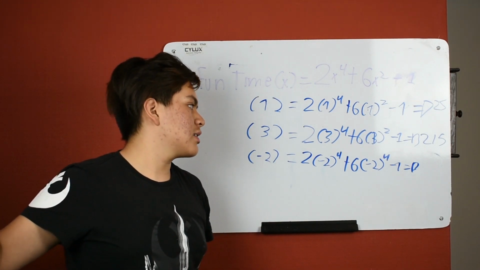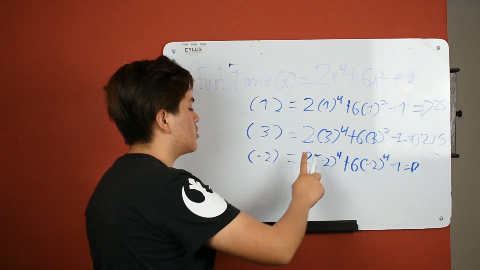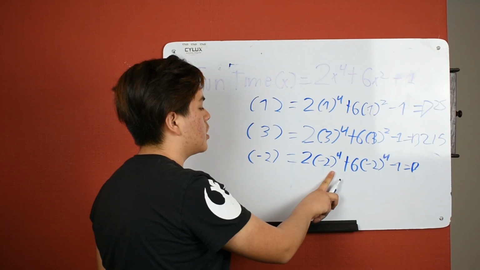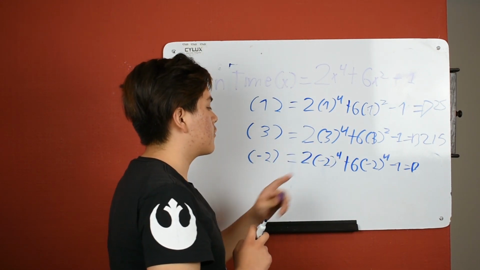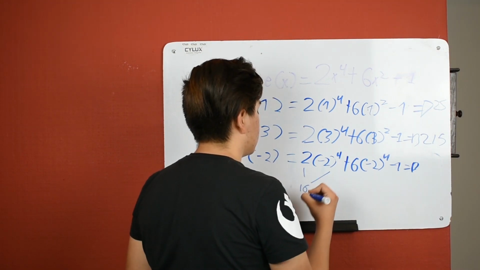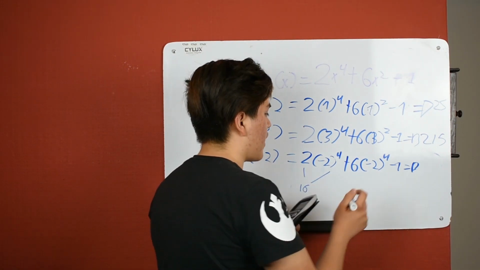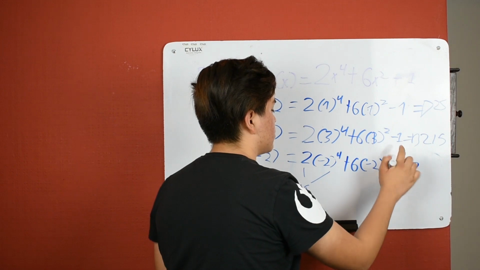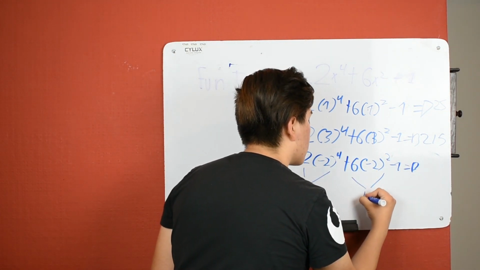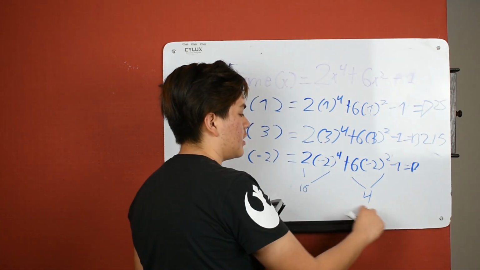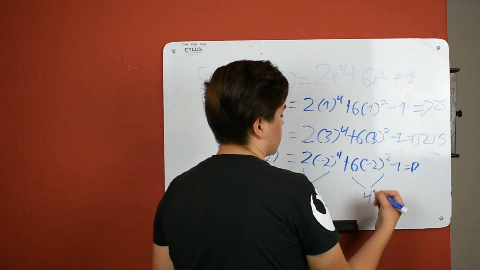without the calculator, we can calculate. So 2 multiplies minus 2 to the power of 4, that is 16. The next we have to the square. To the square, 4. 16, 4, and minus 1.